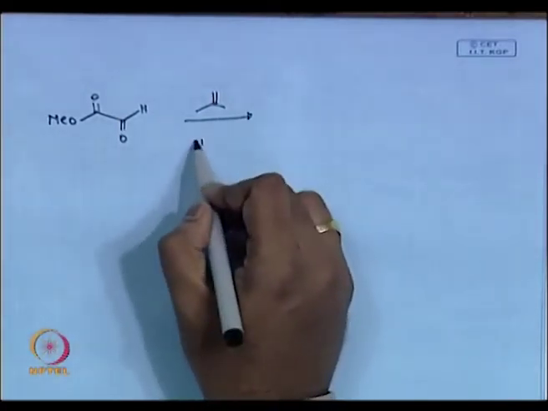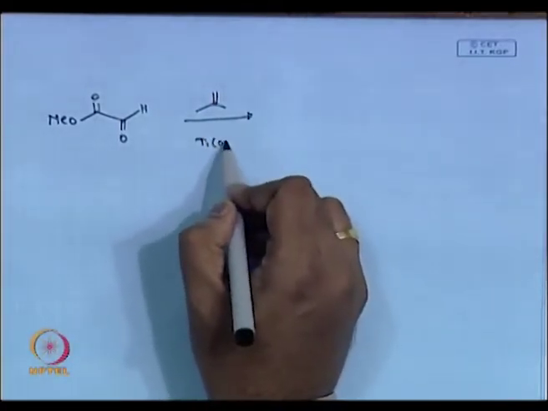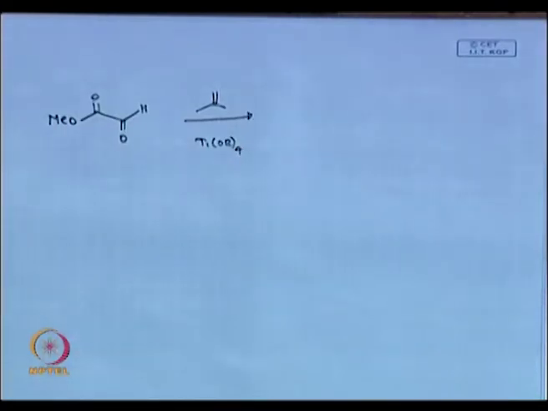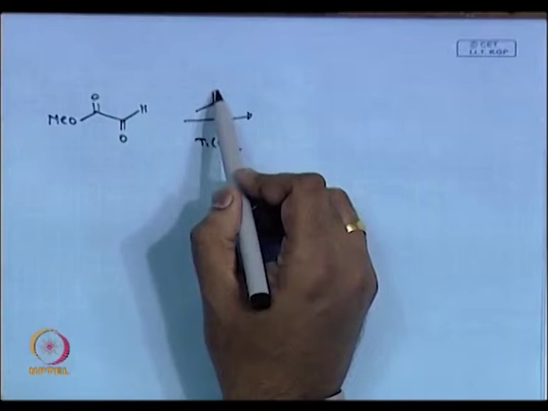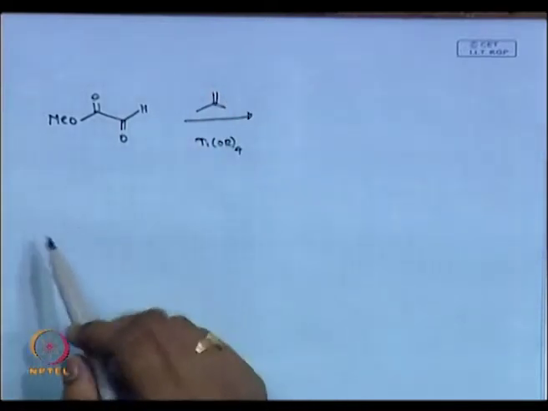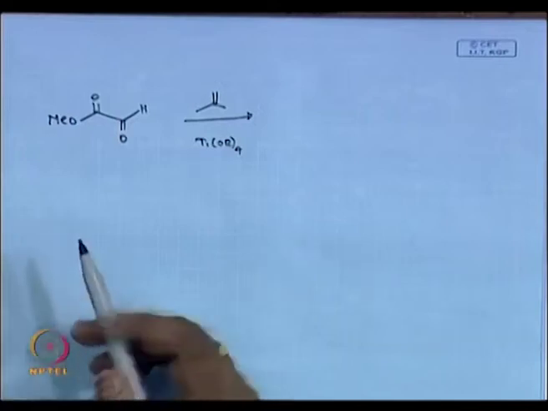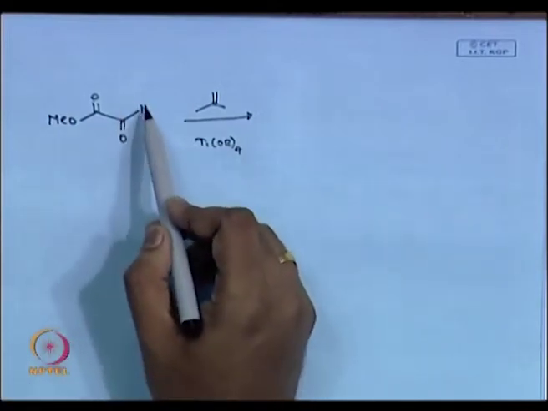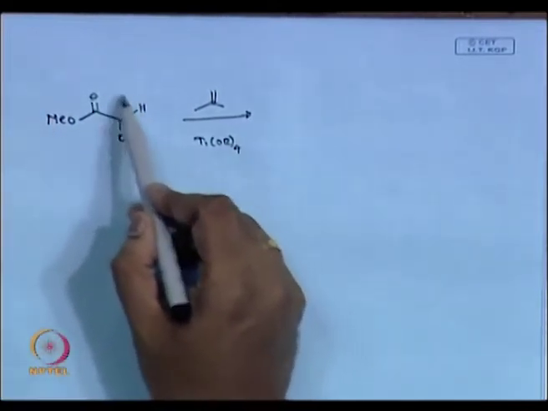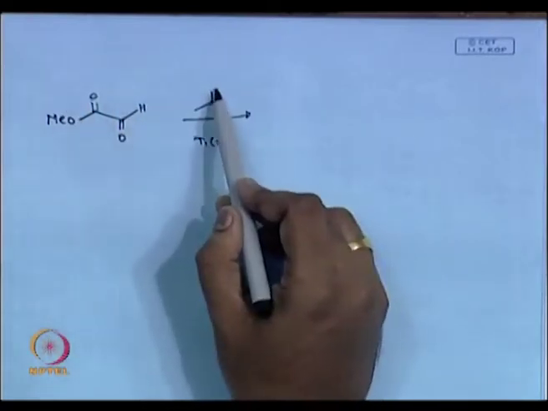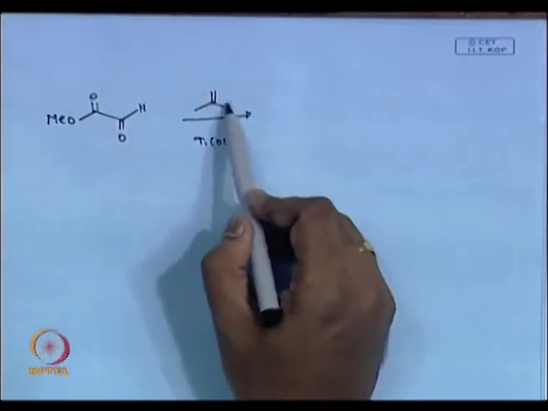This reaction you can carry out in titanium. So, which should be your dienophile and ene? That will be interesting when you talk about the ene reaction. This will be your dienophile, and this will be your ene.